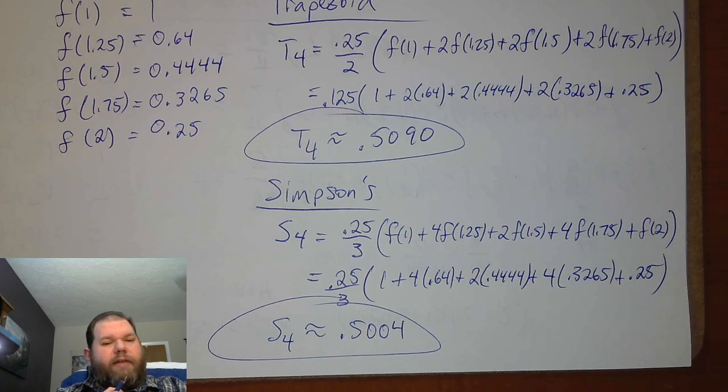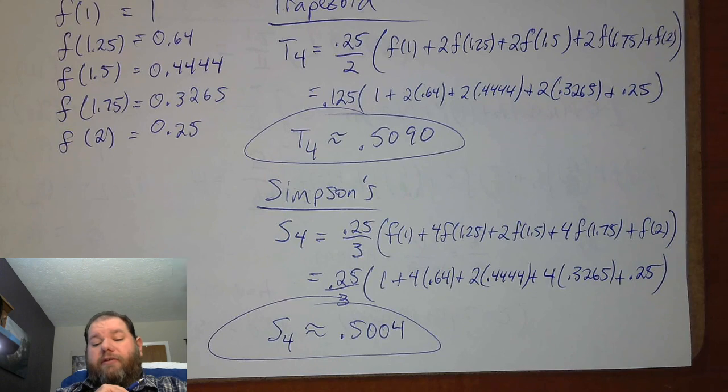I think it's nice to have that actual value because, 1, we can see how close they are to the actual answer, and 2, it also tells us if we've done it correctly, because we should expect to be fairly close to that actual answer. It won't exactly be equal, but we'll know if we're way off from the answer. So it's kind of a nice way to check our work.